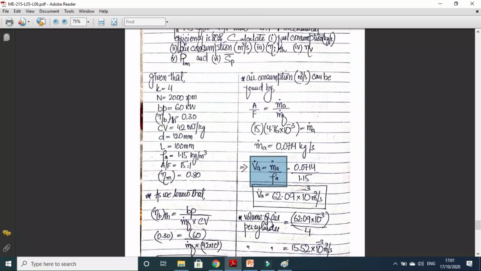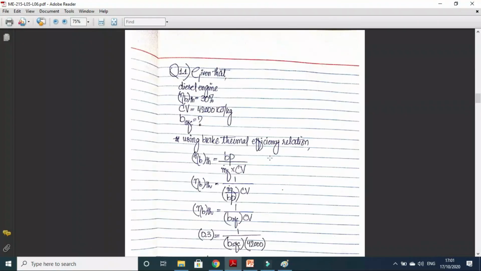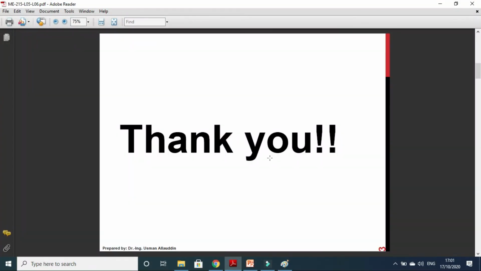I think there are 10 or 11 solved examples in the book, so I recommend you first go through all these numericals which we have solved in the class, and then solve all those solved examples. But the problem is that the solved examples in the book are solved in a very different way.